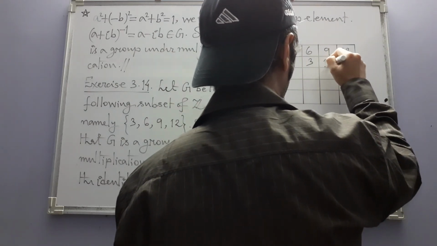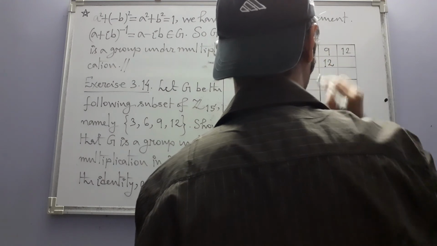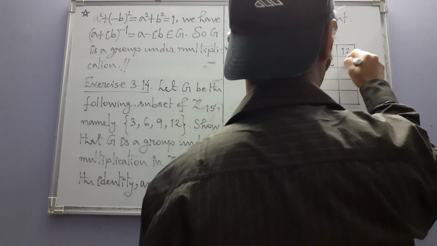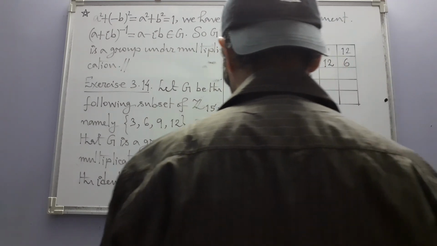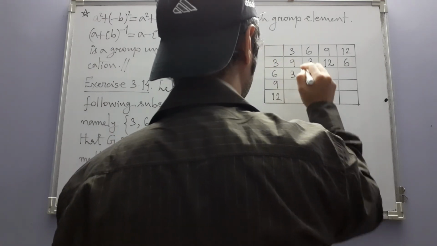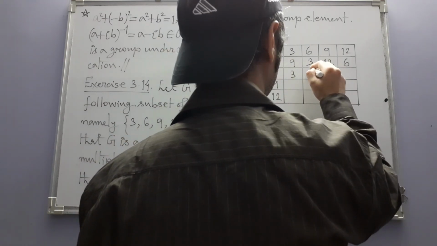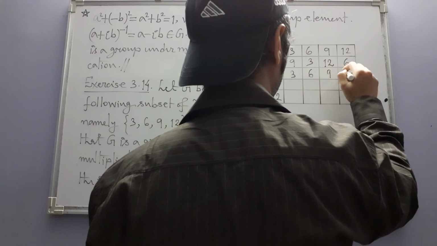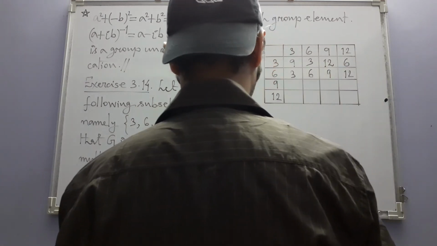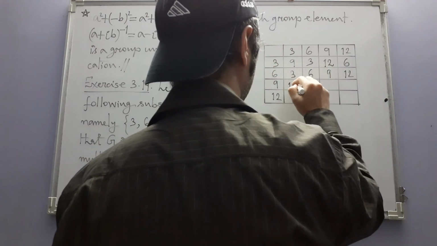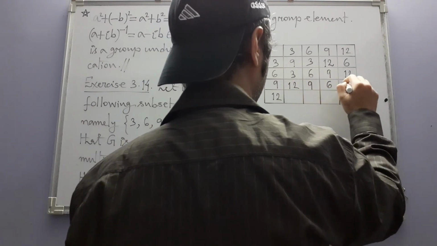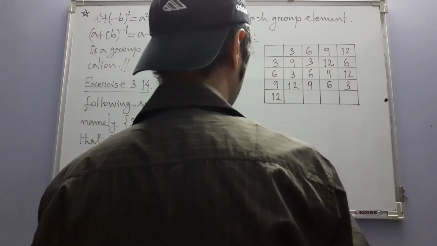Let's not waste time on doing the actual calculations here. Instead, I copy this from what I have already done. 3, 6, 9, 12, 12, 9, 6, 3, and 6, 12, 9, 3.